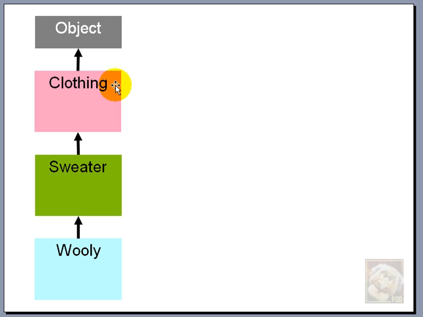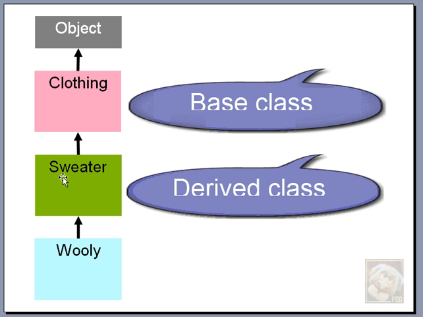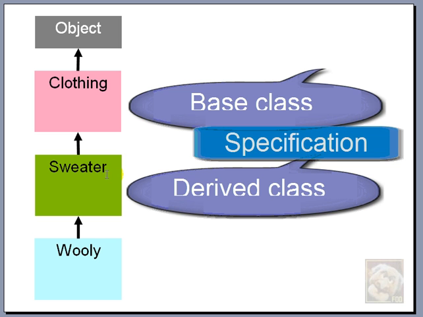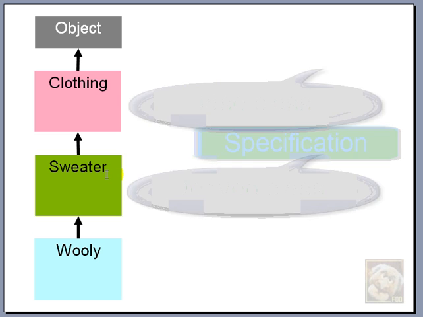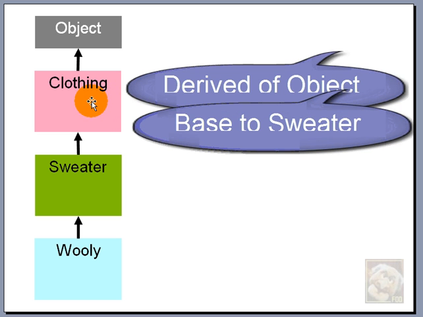Object is a base class, clothing is a derived class. At the same time, clothing might now become a base class for an even more specific one, that is sweater. So sweater is a more specific kind of clothing. So we are specifying our world. So sweater now becomes the derived class of base class clothing. Thus, clothing is both a derived class of object and a base class for sweater.